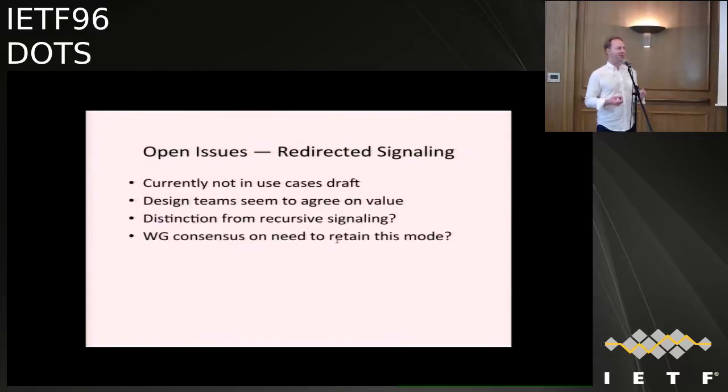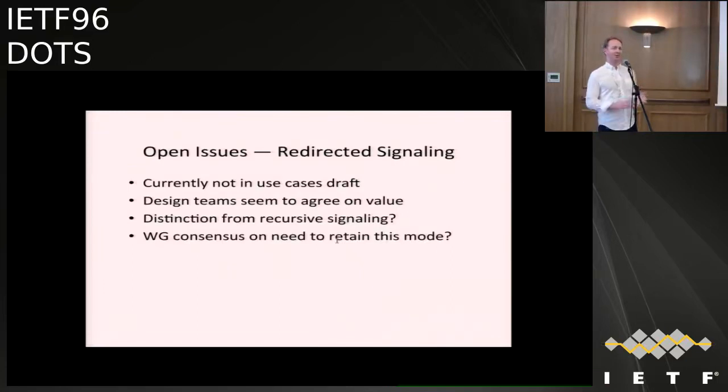For whatever reason, the DOTS server wants to redirect the DOTS client that has either already established a signaling session with it or is attempting to establish one. In which case it would then be able to send the DOTS client to an additional DOTS server to continue the DOTS session. There seems to be some rough consensus on the utility and the value here.